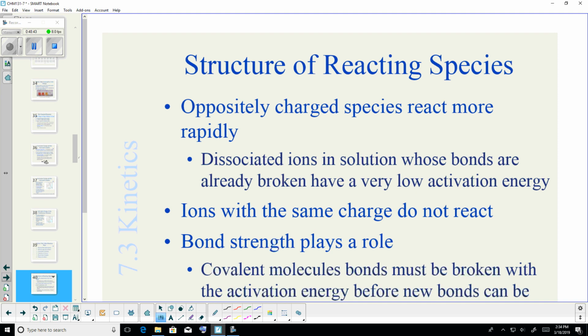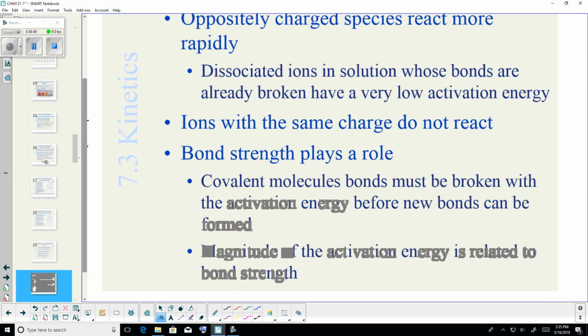And bond strength plays a role. Covalent molecule bonds must be broken with the activation energy before new bonds can be formed. The magnitude of the activation energy is related to bond strength. So again, what types of covalent bonds are there? There's 3.